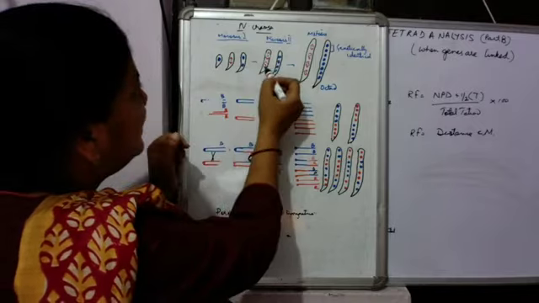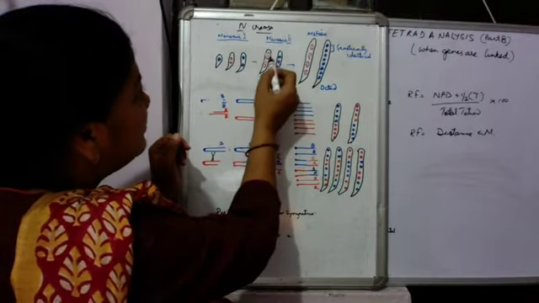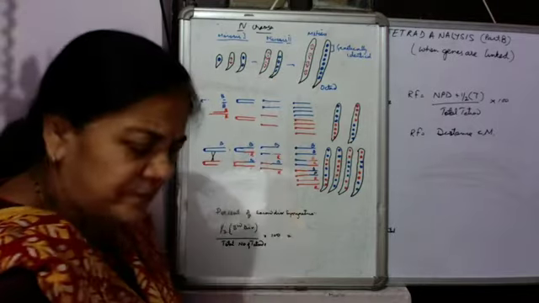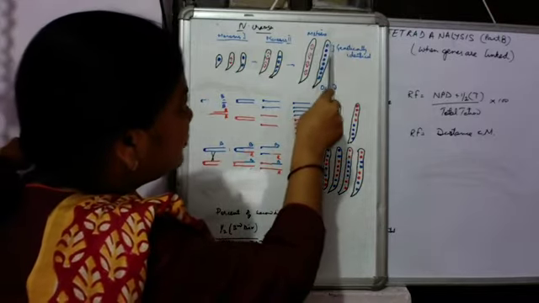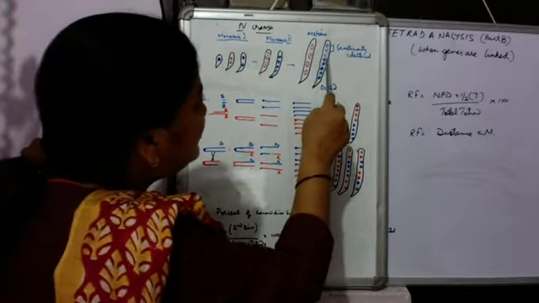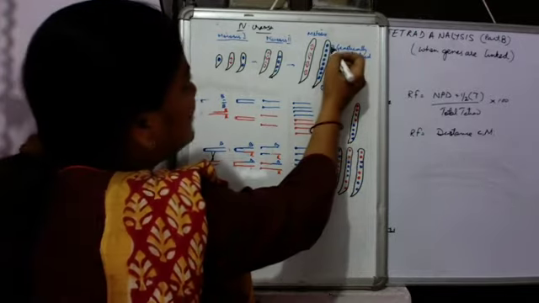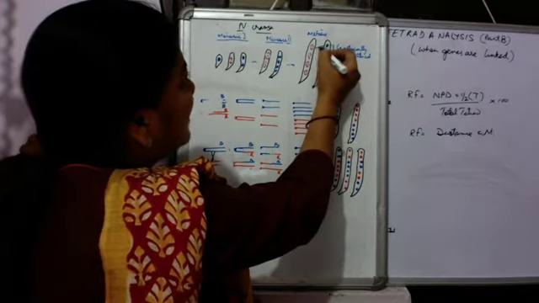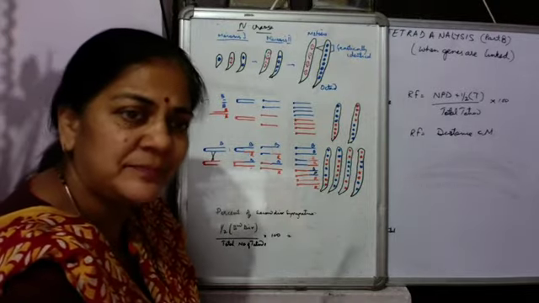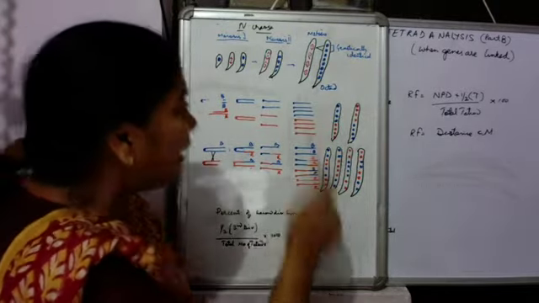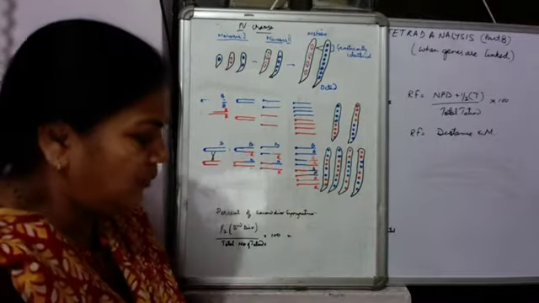Then the spindle fiber forms in this manner and gives rise to 4 cells, and these 4 cells undergo mitosis to give rise to 8 cells. These two cells over here are derived from the same haplospore, so therefore they are identical.